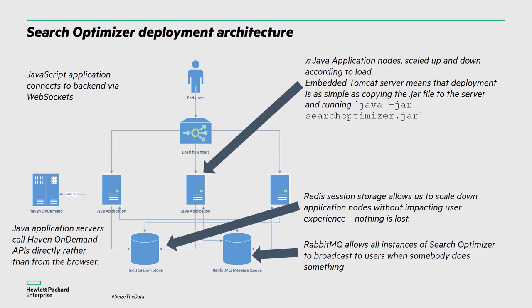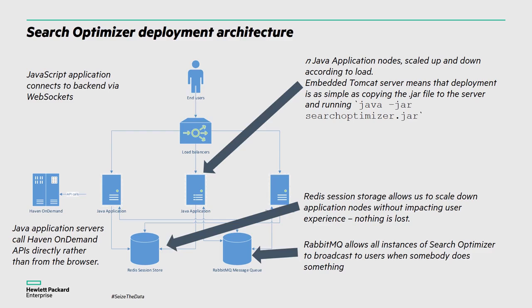As the application needs to store some amount of state, and we can't store that state in the web app nodes because we want to be able to scale those up and down freely, we use a Redis in-memory database for offloading state and for caching of anything that needs caching, queries which are slower to load or more expensive to load. And we also use a RabbitMQ message server for passing messages between the application nodes.